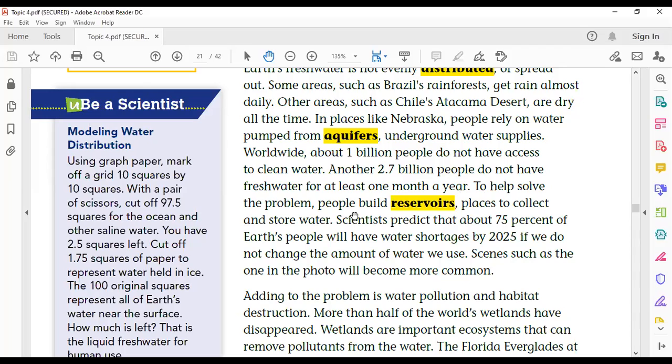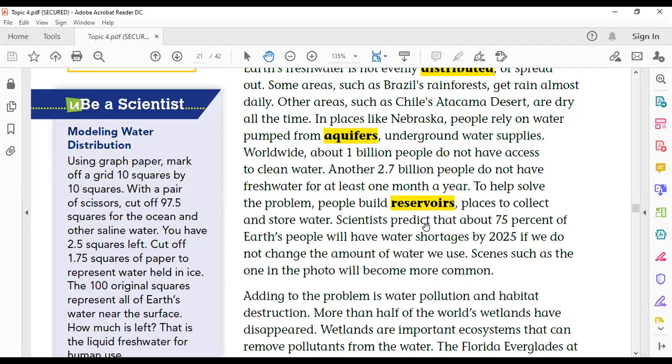To help solve the problem, people build reservoirs, places to collect and store water. People build reservoirs such as dams to collect water. In Jordan, for example, Jordan is a poor country in fresh water. There are more than 10 dams in Jordan. They aim to collect and store water.